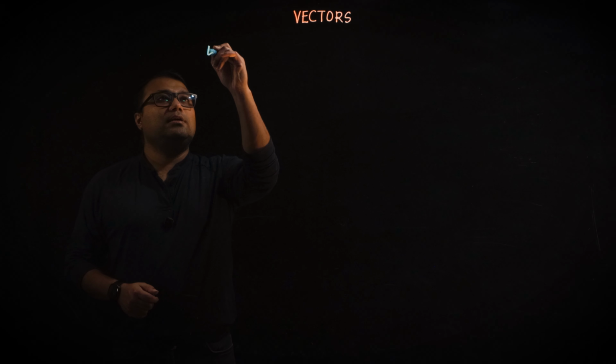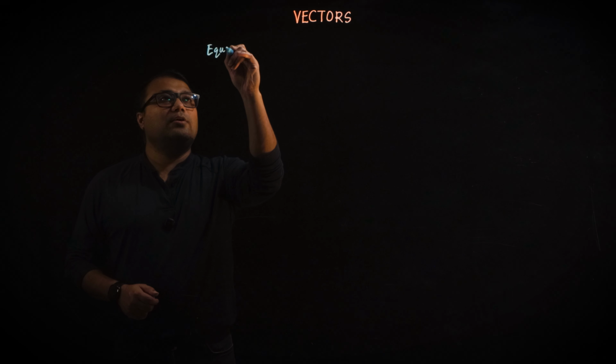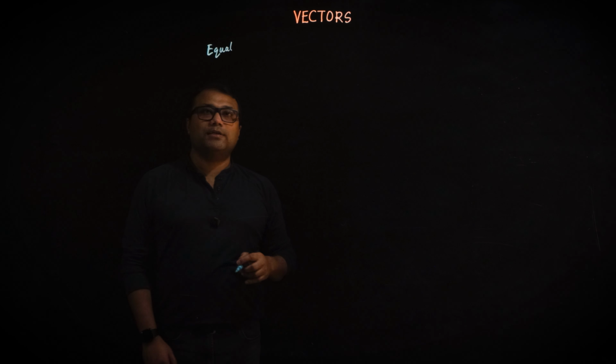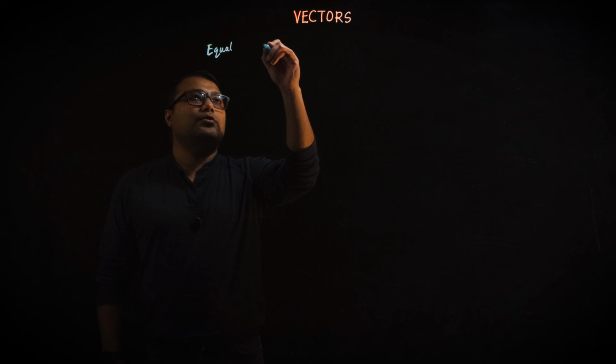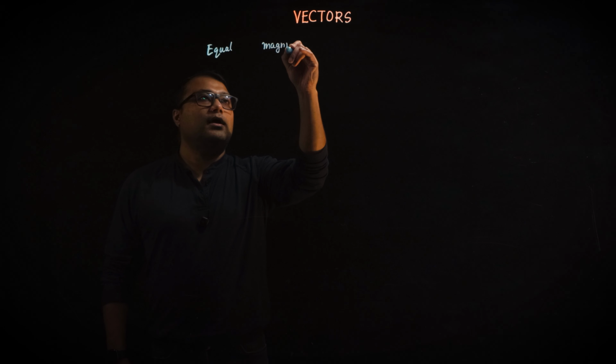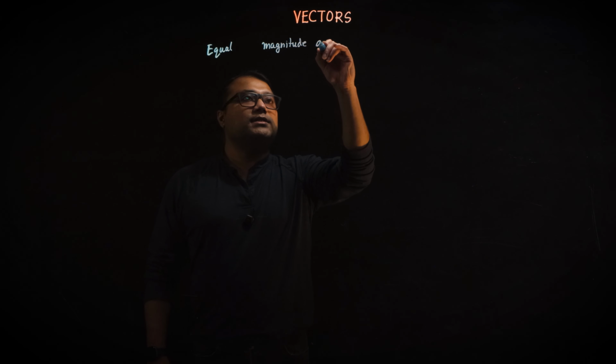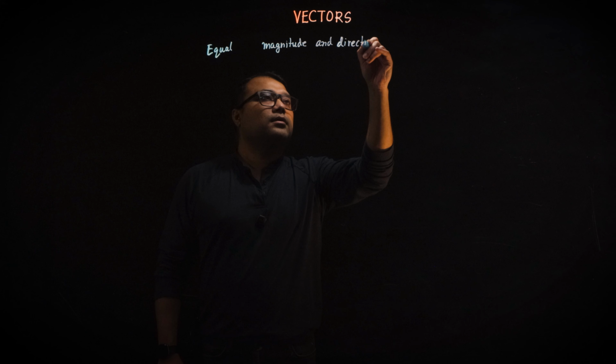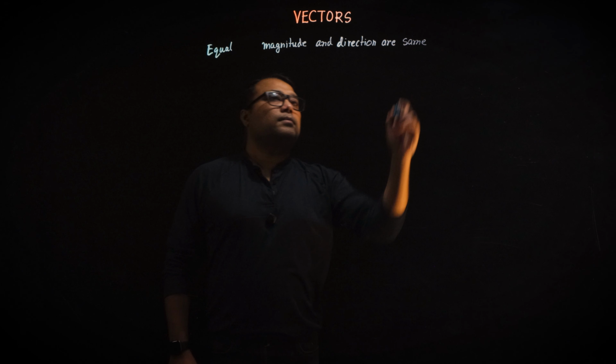Now let's talk about different ways we can classify vectors. First is equal vectors. We already kind of talked about that. Two vectors are equal if both their magnitude and direction are the same.